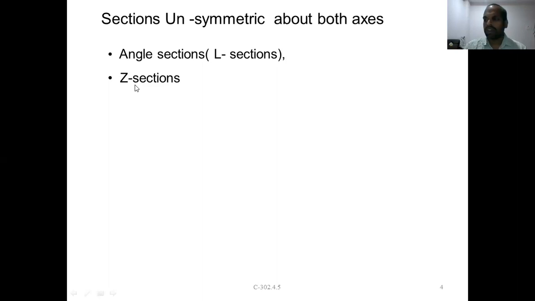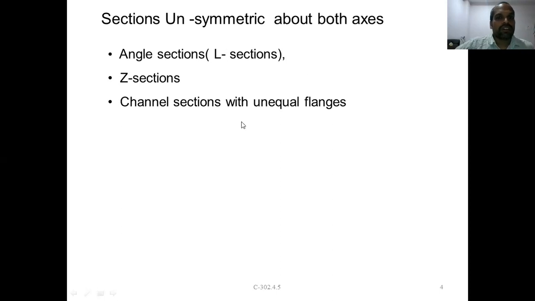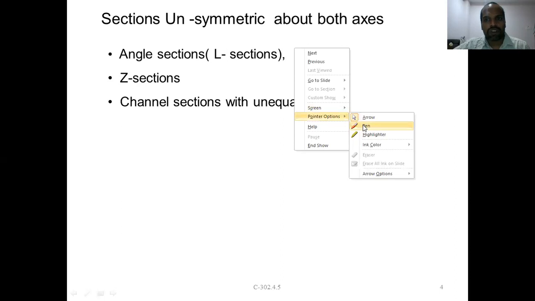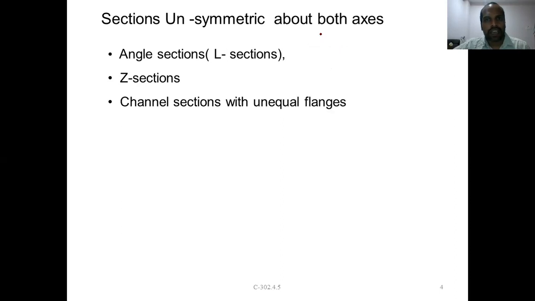We discussed how to calculate centroids in the centroid topics. And the channel section, we have just now seen the channel section with equal flanges. In case the flanges are unequal, as already explained to you just now, angle sections are nothing but this one, right?